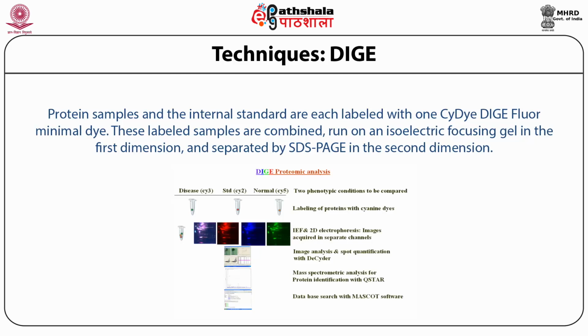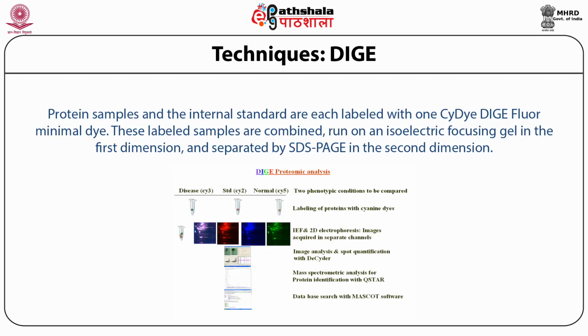At the end of the SDS-PAGE, the gel is now scanned with different wavelengths to create different images of the proteins labeled with the 3 different dyes. The images are now taken for analysis on a software called as the Decyder software, where the relative quantification of each of the spots can be done.